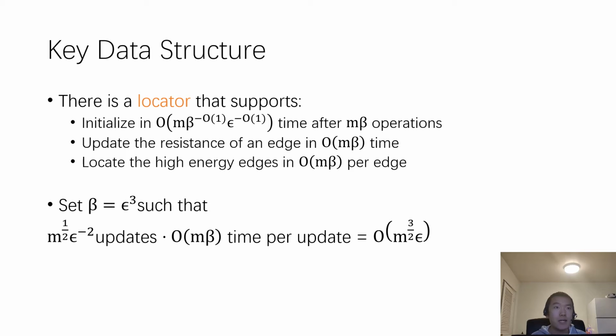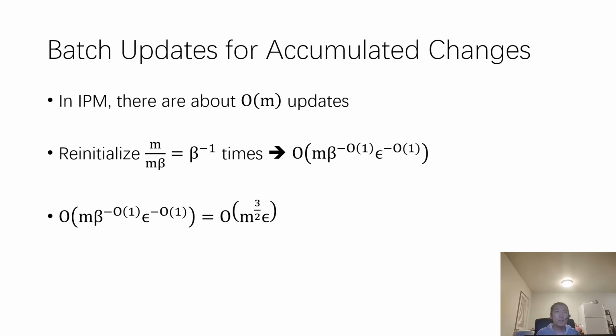So here if we set beta to be epsilon cubed, then the total time spent for large updates is square root of m times epsilon negative 2 times O of m^beta, which is equal to O of m to the 1.5 times epsilon. And this is slightly smaller than m to the 1.5. Then we calculate the time cost for accumulated small changes.